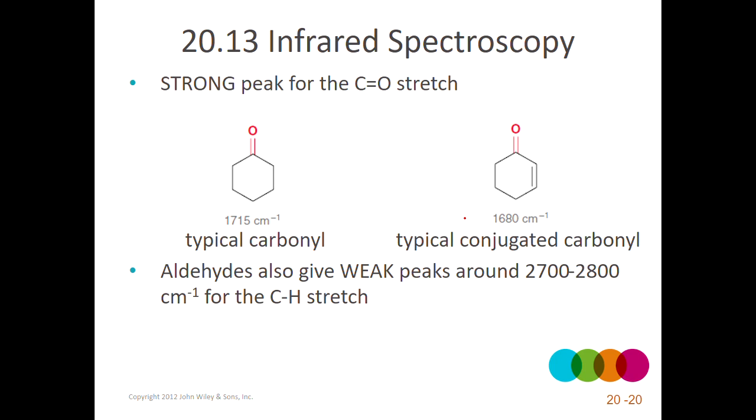And so then the last section of chapter 20 is about spectroscopy. So most of this is a review. We talked last semester a lot about how the CO double bond stretch comes right around 1700.